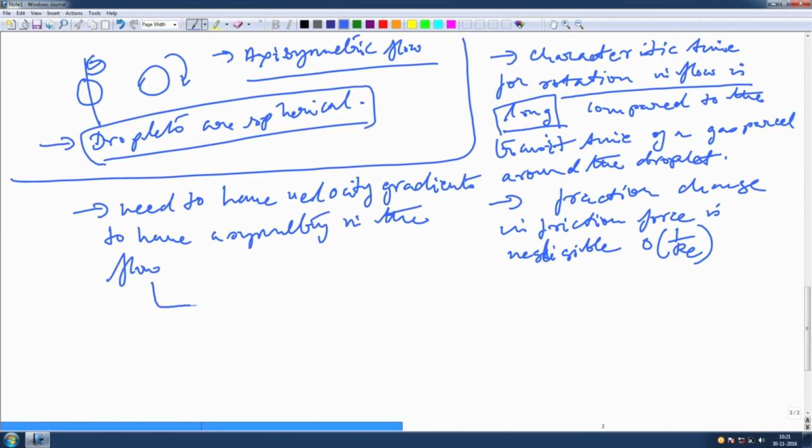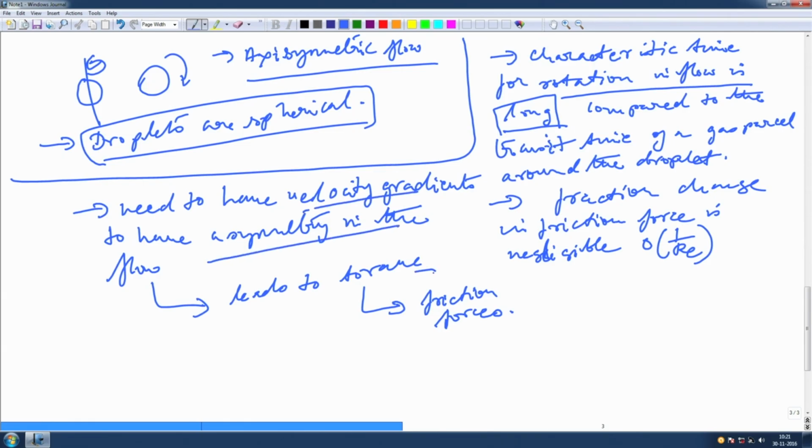So, that asymmetry leads to torque, got it, okay. And this torque is further dependent on the friction forces, and friction forces we know depend on the velocity gradient, right, from the normal viscous shear. Okay. So, velocity gradients lead to asymmetry, lead to torque, which is due to the origin of these friction forces over here, right.